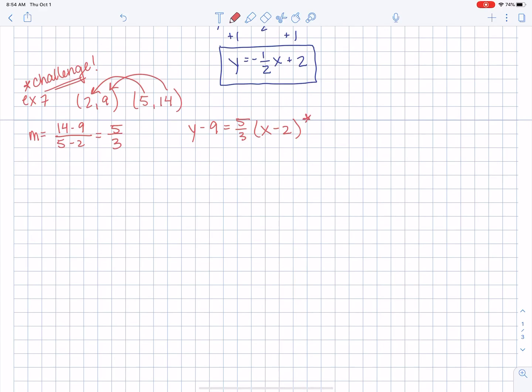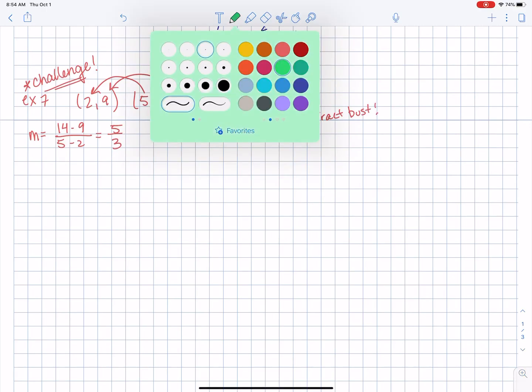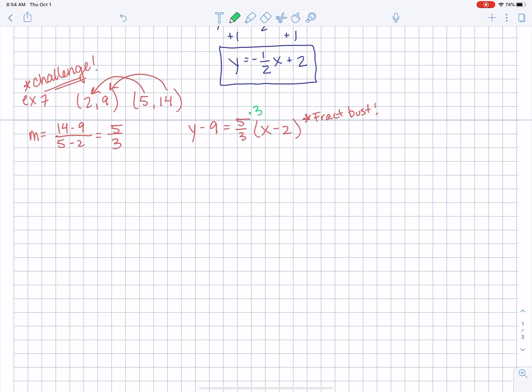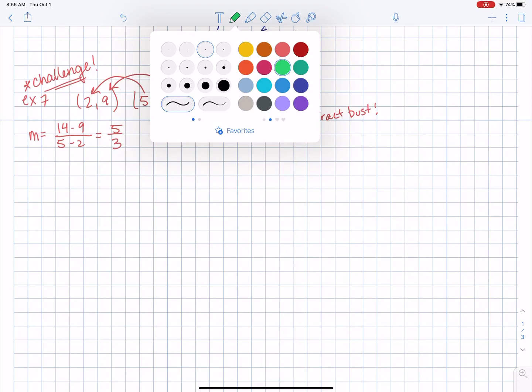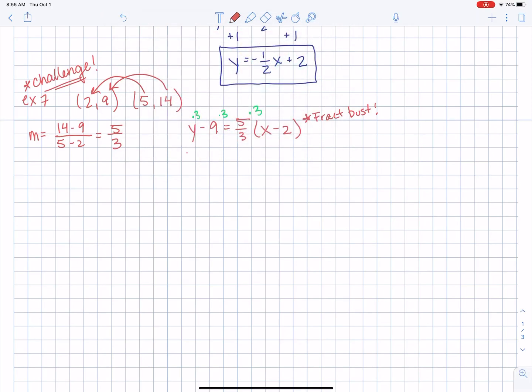However, you are such pros, and you just did your benchmark, that you can fraction bust. You can totally fraction bust this guy. I'll switch to a different color. Times 3, which means you need to multiply all of your terms times 3. So 3y minus 27 is equal to, these cancel out, 5 times x minus 2.